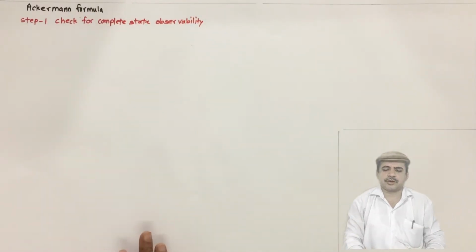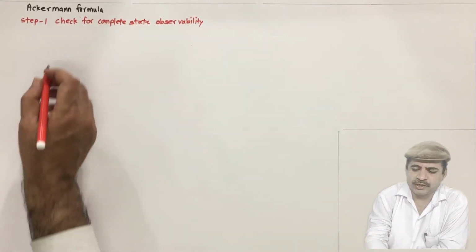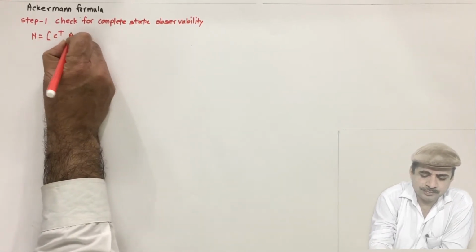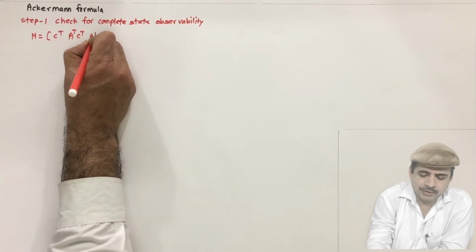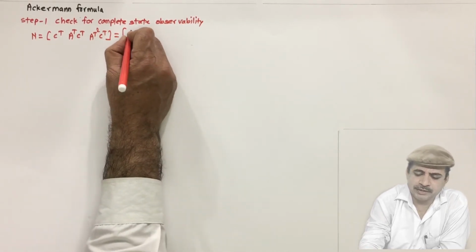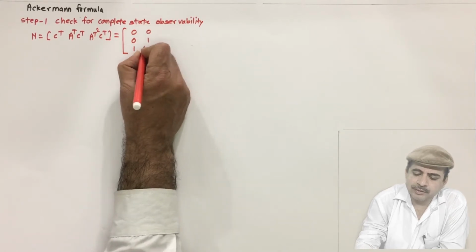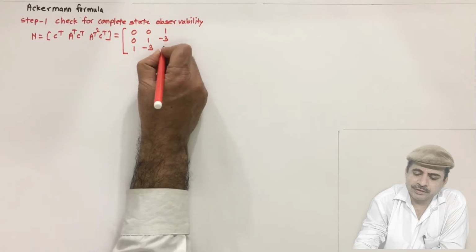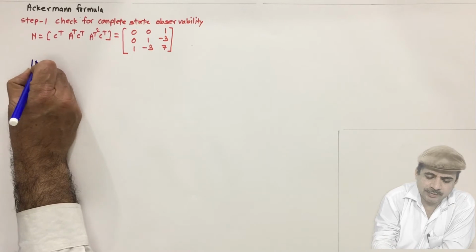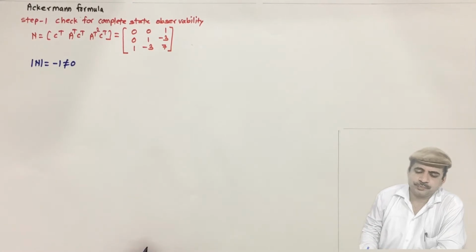Even though I know it is completely state observable, still I will find the observability matrix because it is required in the formula for K. So here this is C transpose, A transpose C transpose, A transpose square C transpose, and just as in the first method we have obtained it as 0, 0, 1, 0, 1, minus 3, 1, minus 3, 7, and that gives me determinant of N equal to minus 1, which is not equal to 0.